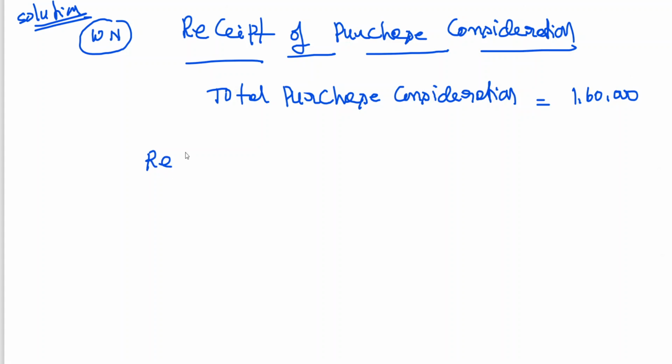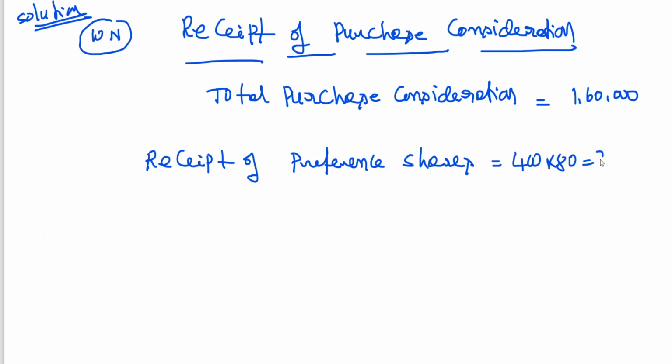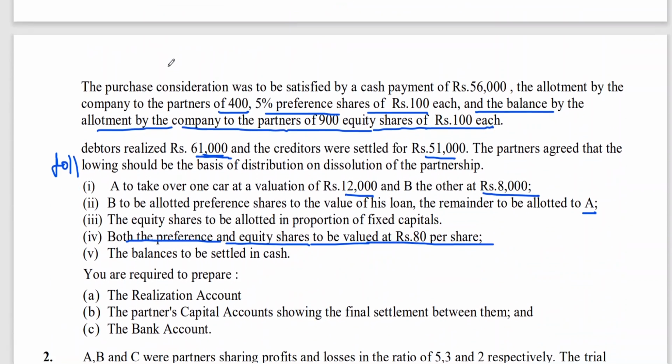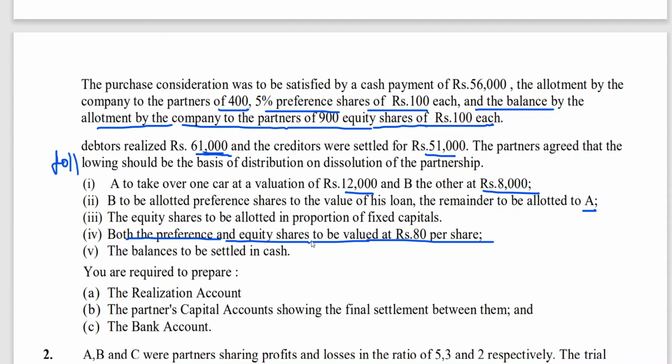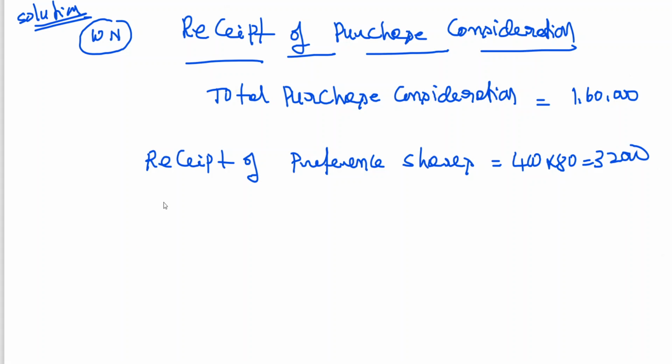Next, receipt of preference shares: 400 into 80, no? We have seen already that both preference shares and equity shares should be valued at an agreed value of 80 rupees per share. Then next, receipt of equity shares.